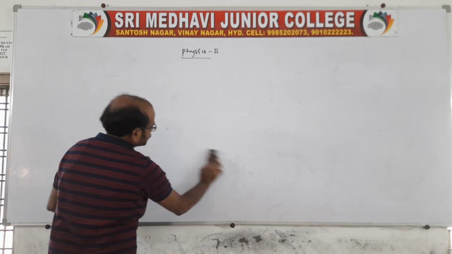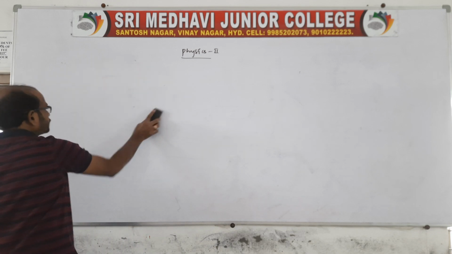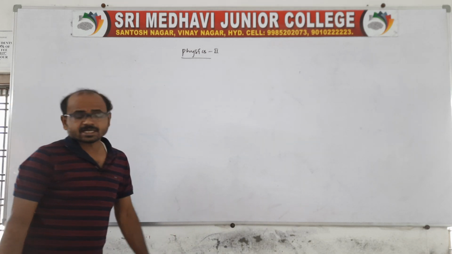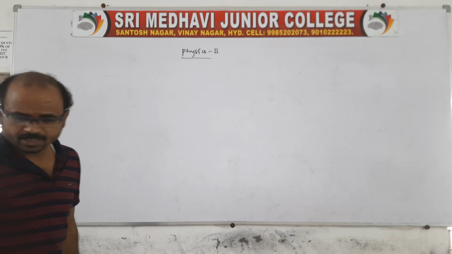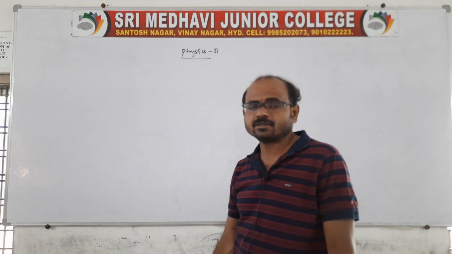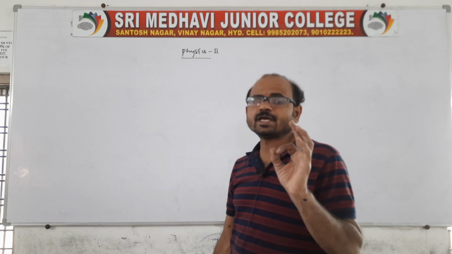Due to a dipole, now we need to find the magnetic induction on the axial line due to a short dipole, and on the equatorial line also. We need to find the magnetic field induction due to a dipole.